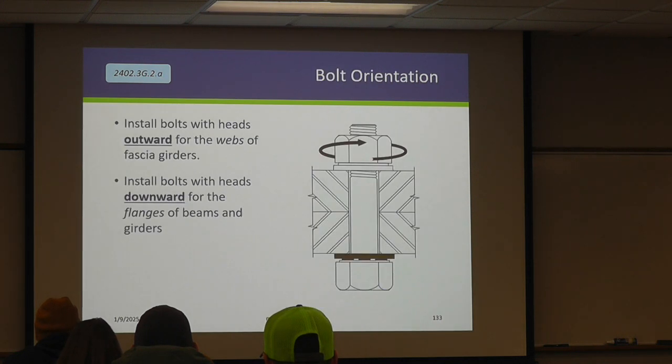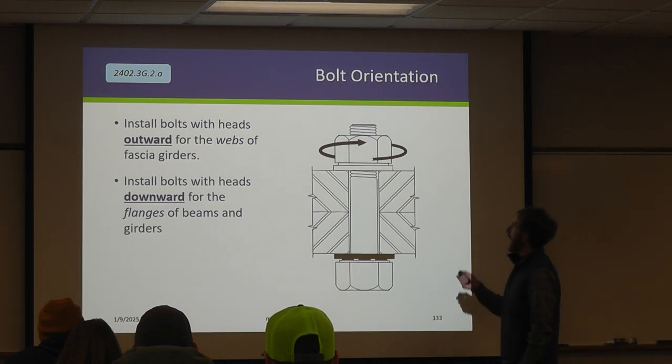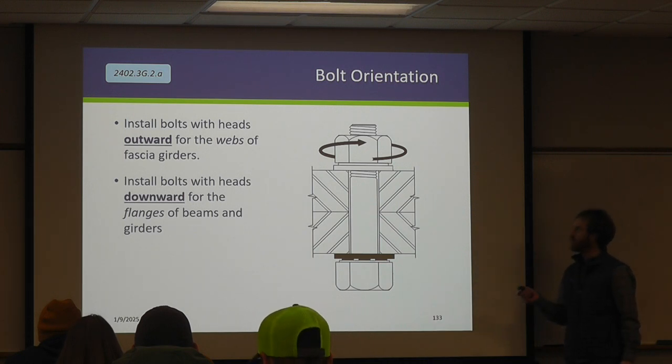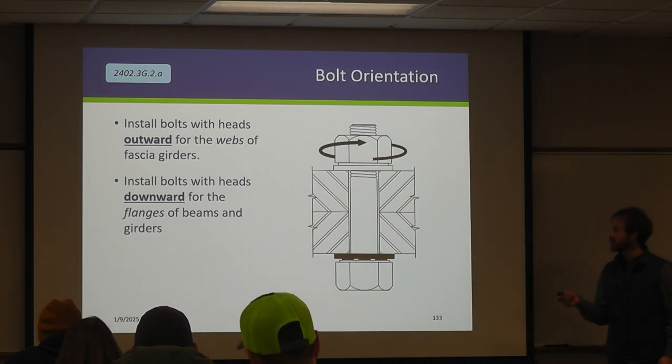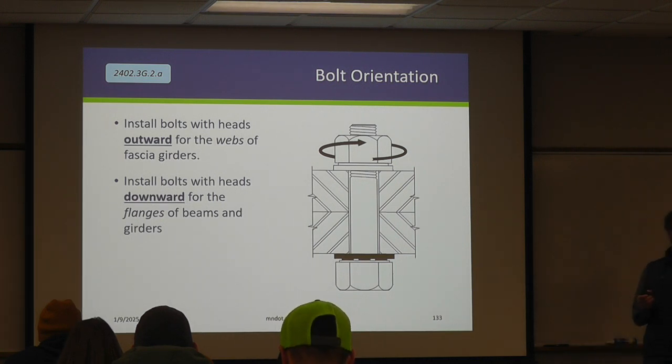So let's talk about bolt installation because this gets to be important. Remember the DTI? We always want the DTI opposite of the turned element. When we install bolts, primarily, functionality in a sense. When you have fascia girders, we want the heads facing outward. Looks nicer.